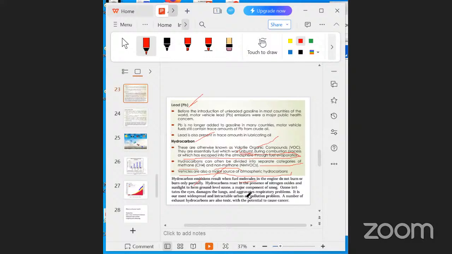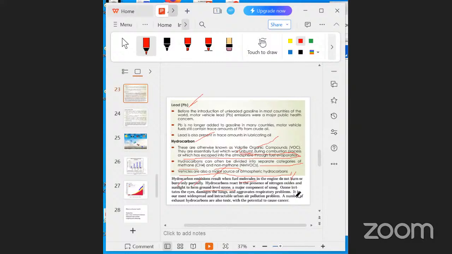The hydrocarbons react in the presence of nitrogen oxides and sunlight, meaning UV rays, to form ground level ozone, O3, a major component of smog.